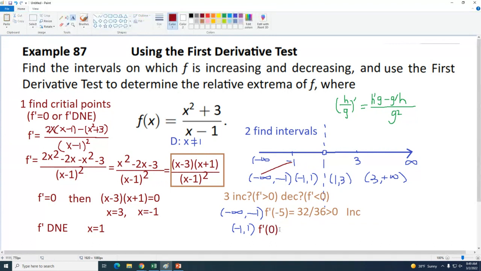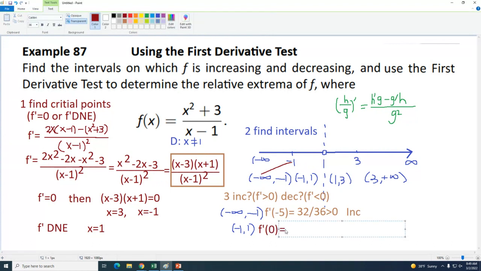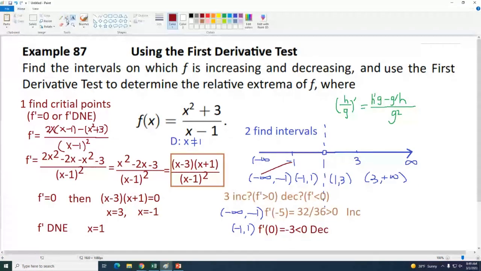Calculate the derivative at x equals 0: 0 minus 3, 0 plus 1, so it's -3 over 1, which is -3. This is negative, and we know it's decreasing. So the function is decreasing on the interval, and visually you draw a decreasing tendency over here.